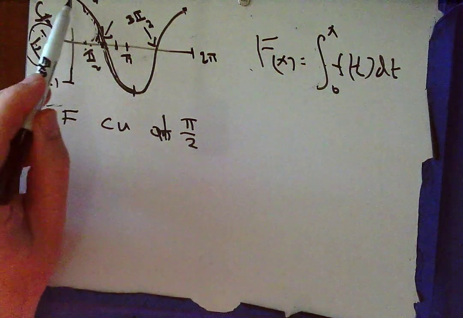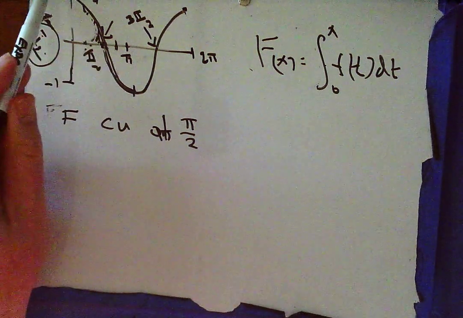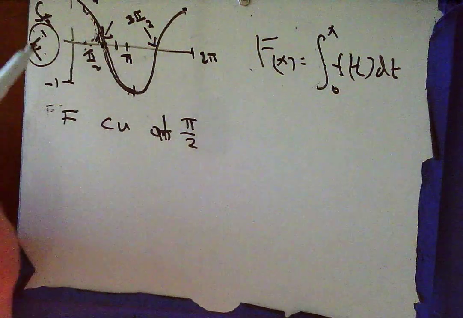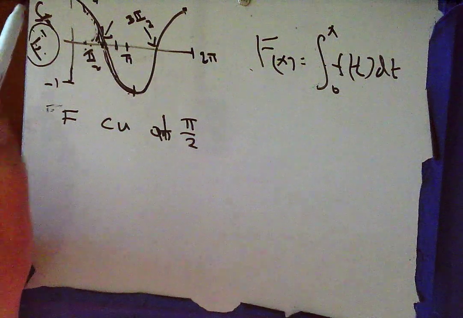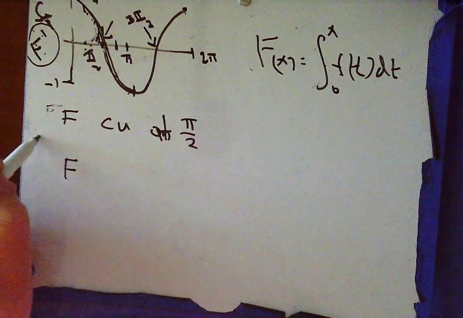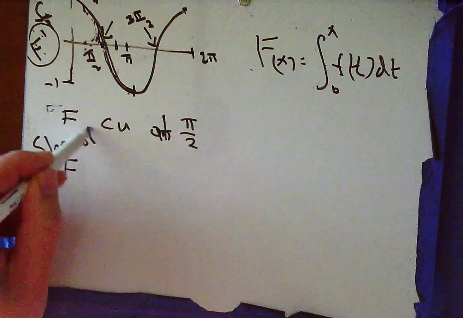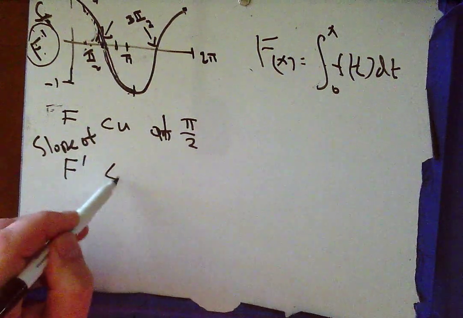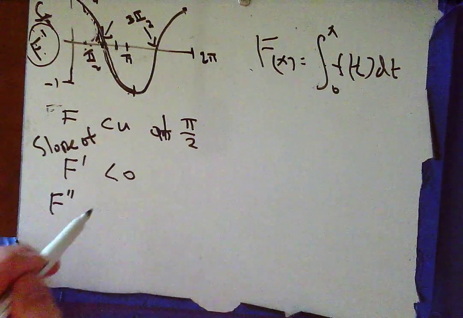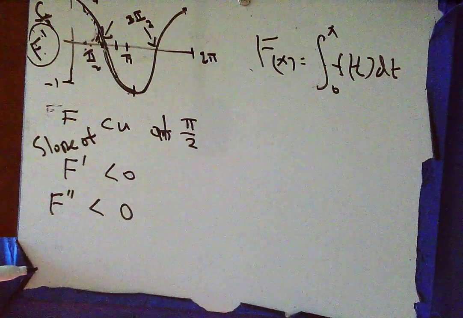That means that the slopes on big F prime from 0 to pi are always negative. If the slopes of big F prime are less than 0, that's the same as saying big F double prime is less than 0.